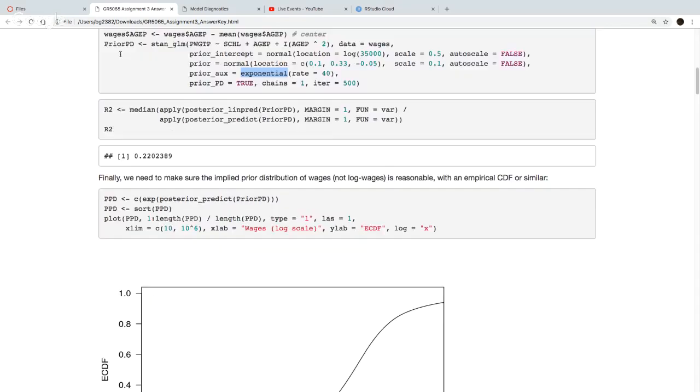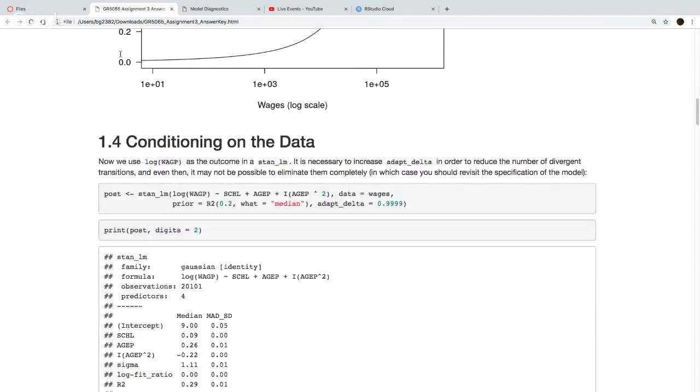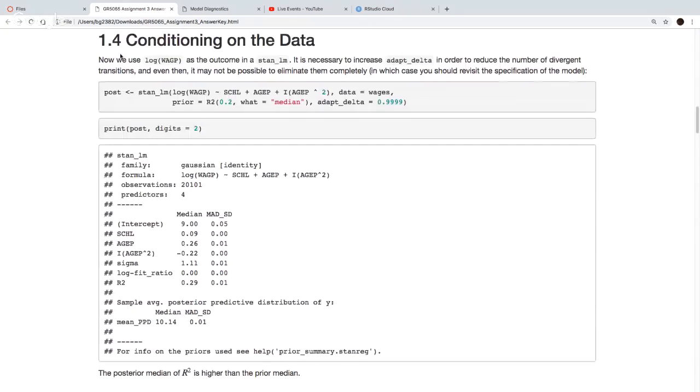Okay, so then we go to condition on the data. We call stan_lm with R2 equals location 0.2, what equals median, to say that this is our prior median about R squared. By default, it's the mode, which would be fine as well, but that's not what the question asks for.